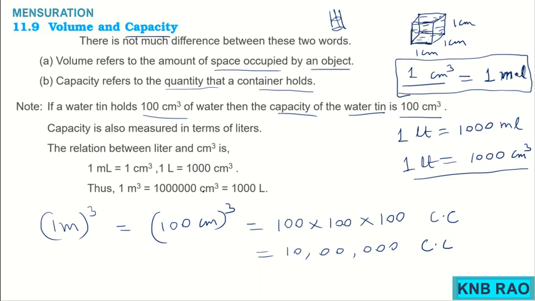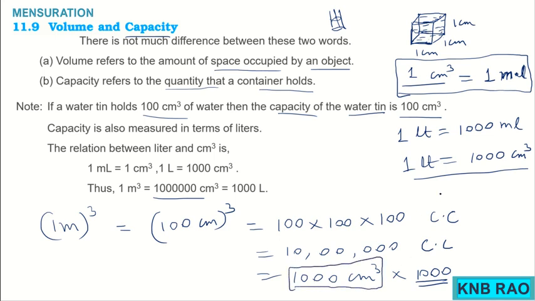Now this is how this 10 lakh centimeter cube has come. Further, this 10 lakh can be written as 1000 centimeter cube into 1000. What is this 1000 centimeter cube?